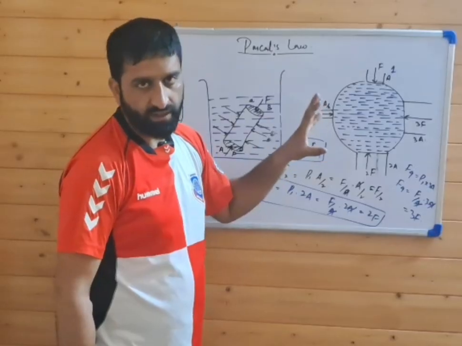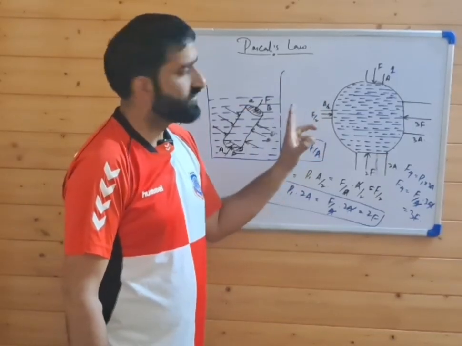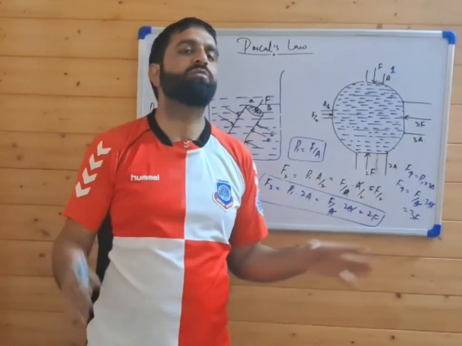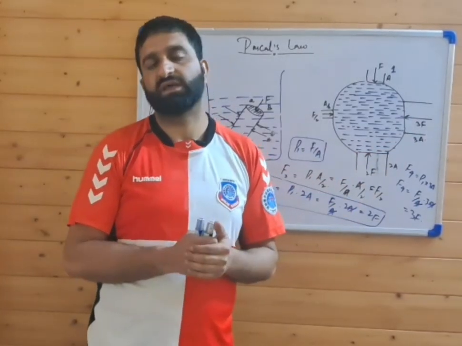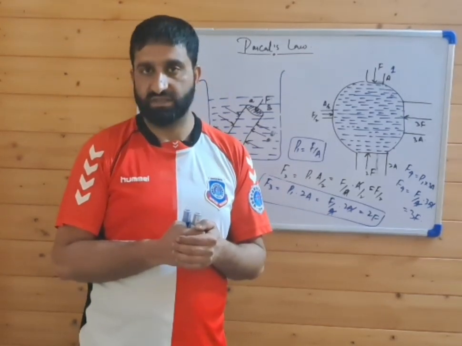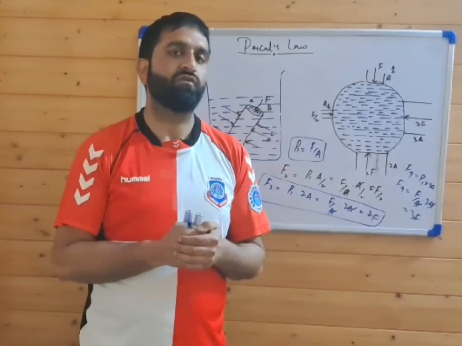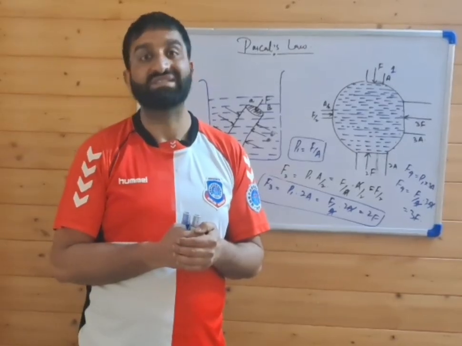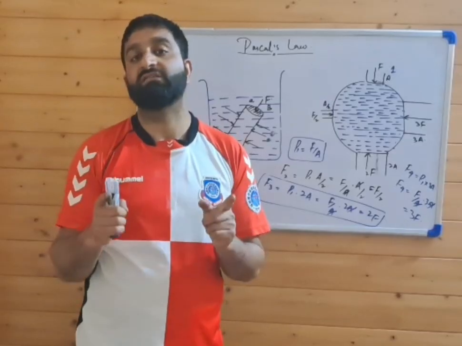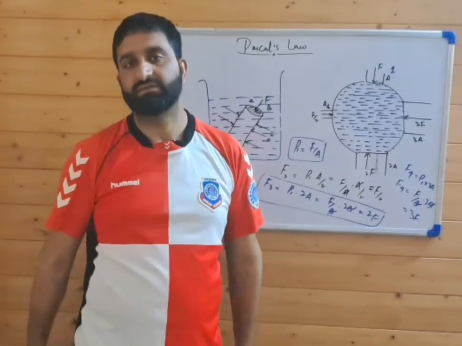When we calculated by Pascal's law, the forces were exactly equal to F by 2, 2F and 3F, by which we had to push these pistons inward, which shows that Pascal's law is valid in all situations, provided the effect of gravity is neglected. Thank you.